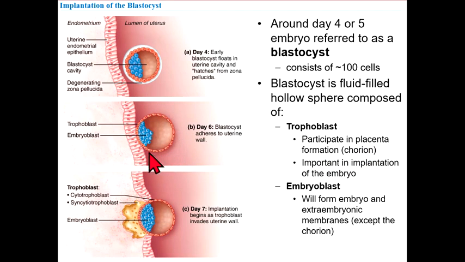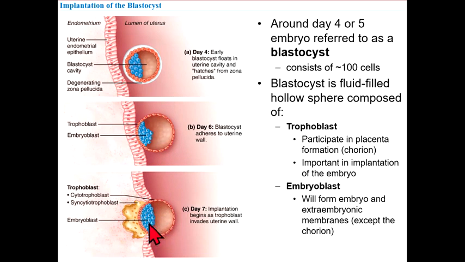So these cells, which become chorion and later the placenta, are important to implant the blastocyst into the uterine wall. The other cells that we see here in blue, the embryoblast cells, some of them will become the embryo and extra-embryonic membranes. We'll go through those a little later on. All those extra-embryonic membranes, except for the chorion, which becomes the placenta, will come from the embryoblast cells.